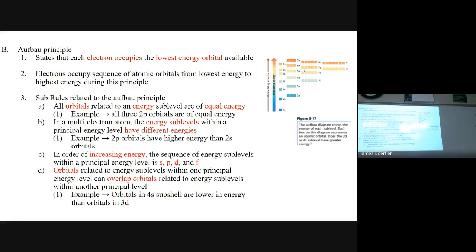Speaking of increasing energy, there is an order in terms of the 4 orbital types. In increasing energy, it is s, then p, then d, then f. So f is the highest energy orbital.